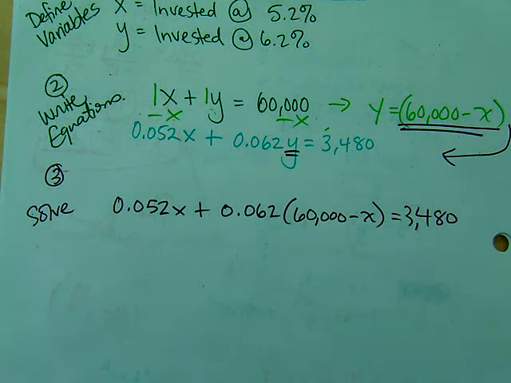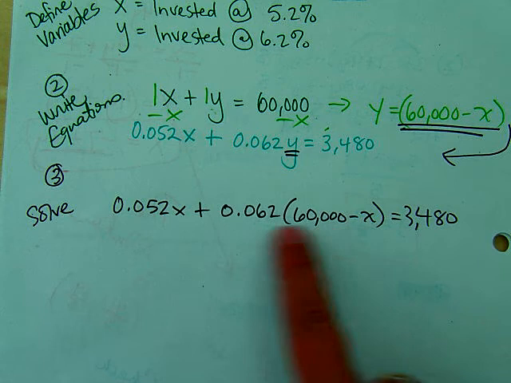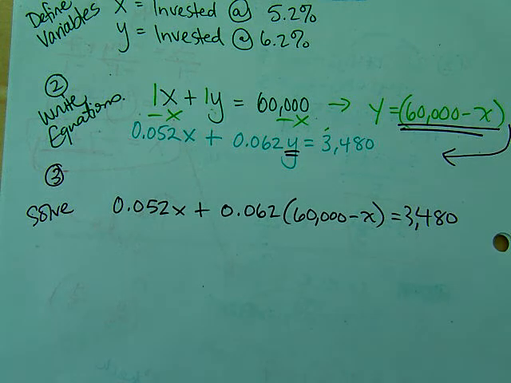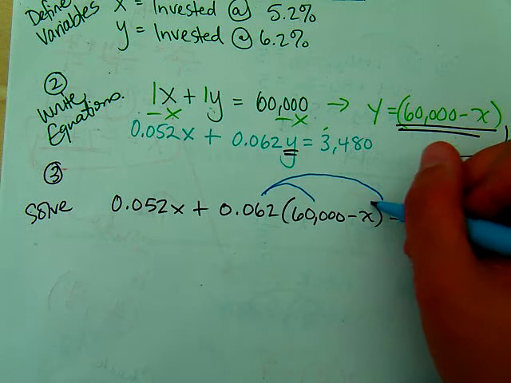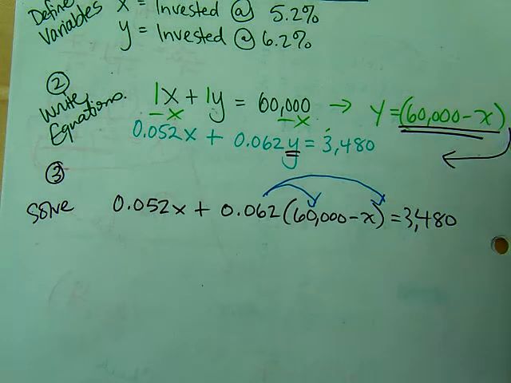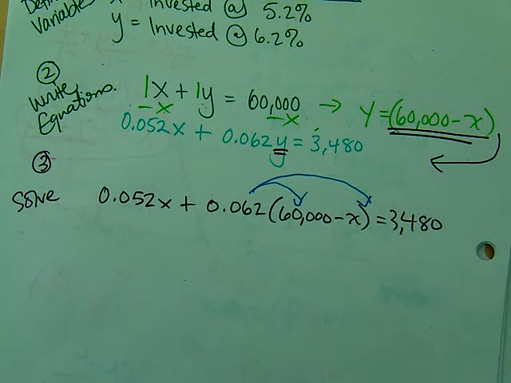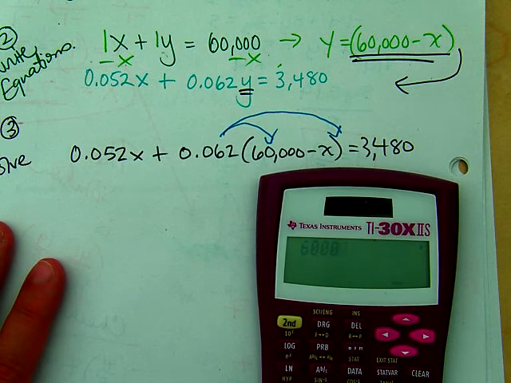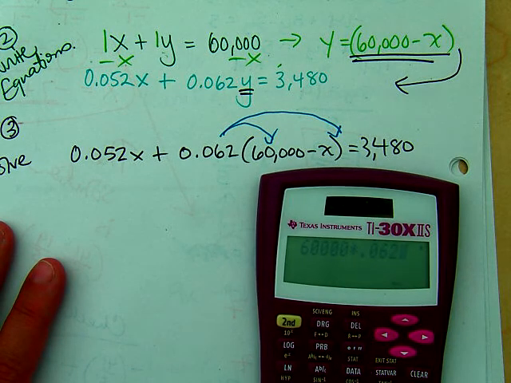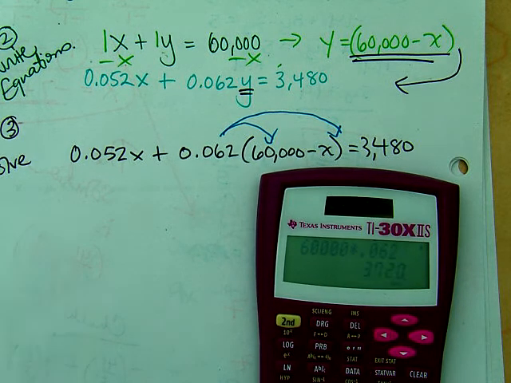Okay, so we're solving now. And this is like the tediousness of solving, but I have to distribute here, right? For this, I will use a calculator. This is not really fun mental math, personally. So, 60,000. And by the way, if I took 60,000 and I invested it at 6.2%, I would have made interest of 3,720.